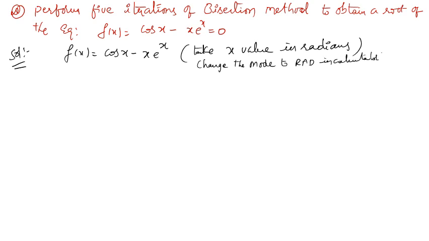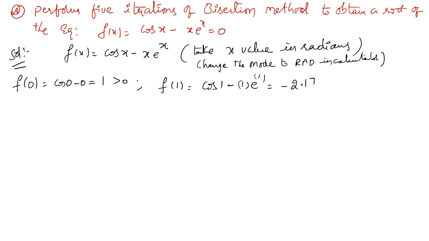Remember this point. If I take 0 radians, this is cos 0 minus 0, which is 1, positive. And if I consider 1, this is cosine 1 minus 1 into e to the power of 1, and the value is minus 2.1780, negative.